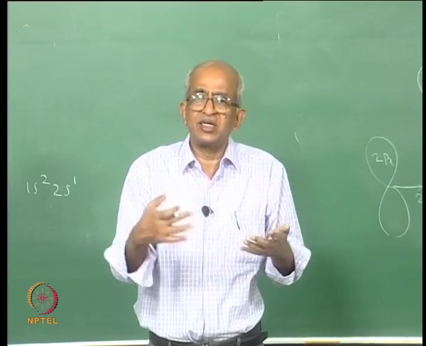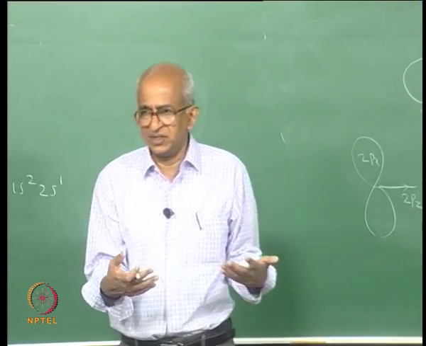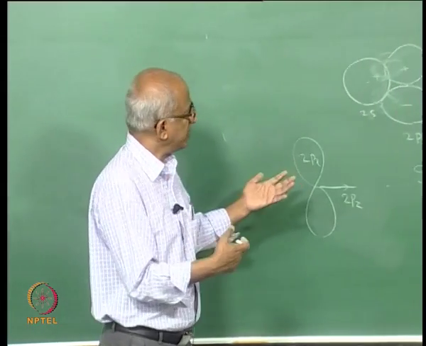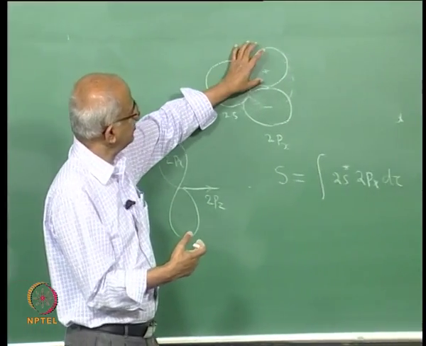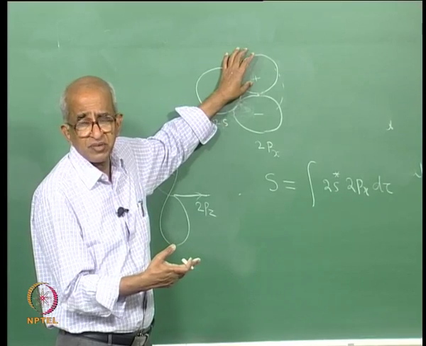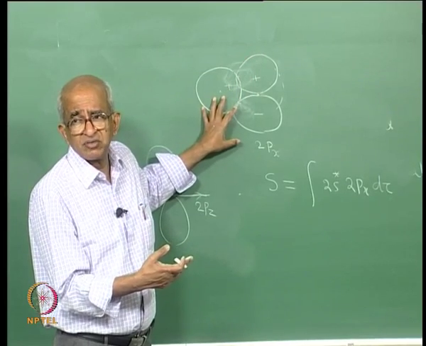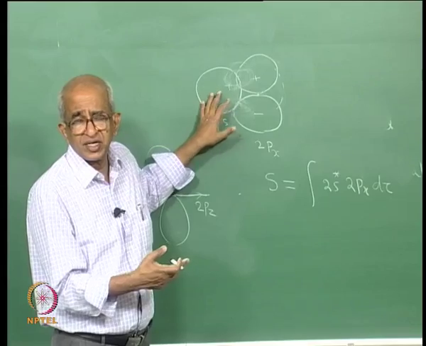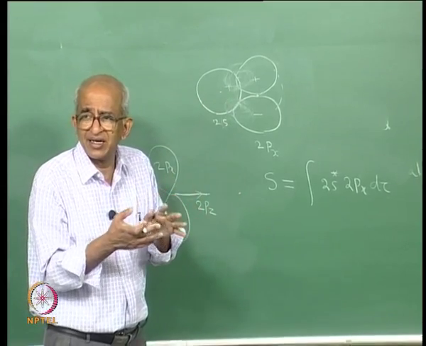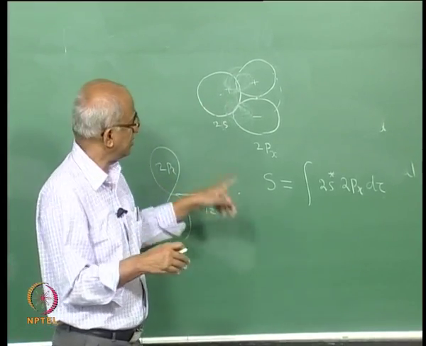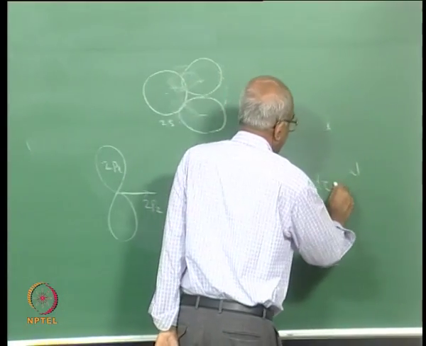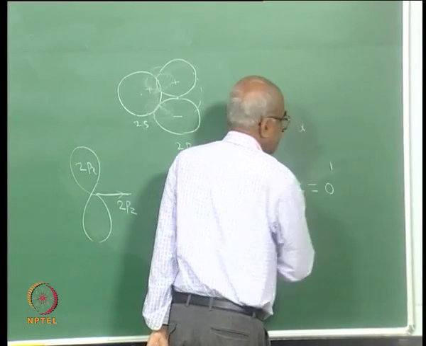Integration, as you know, is a process of summation. So, when you perform the integration, there will be regions with a positive contribution and regions with a negative contribution, and they will exactly cancel each other, as a result of which this overlap integral will become 0.